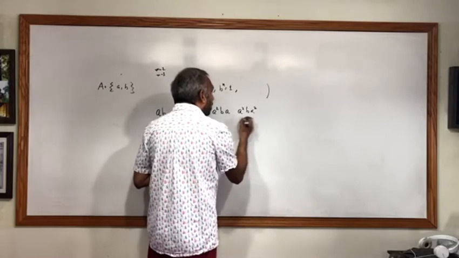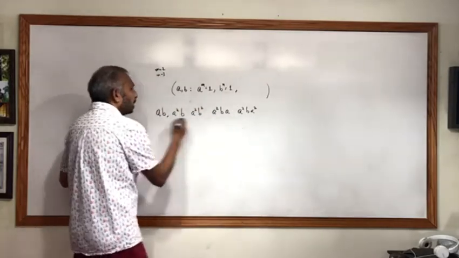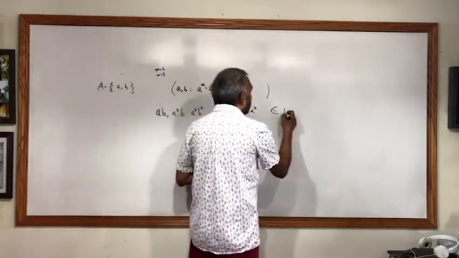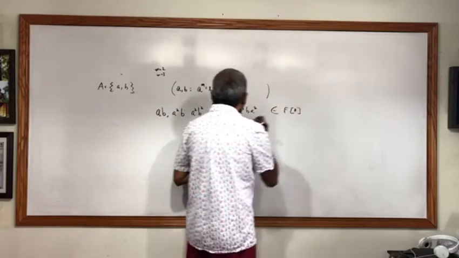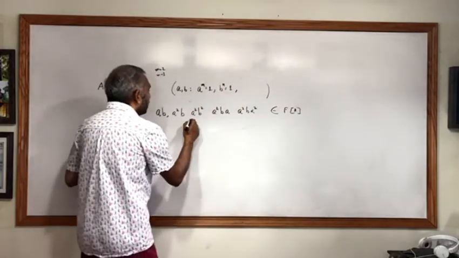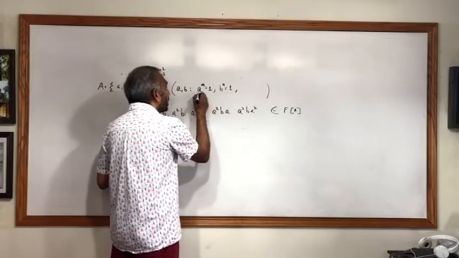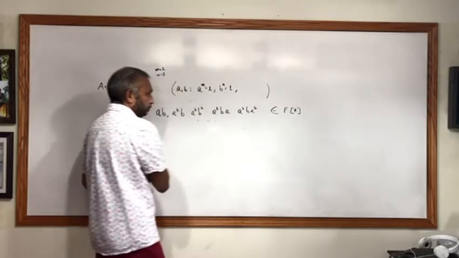These are all coming from the free group generated by a and b. So this is going to be an infinite set if you don't have a relation between a and b.